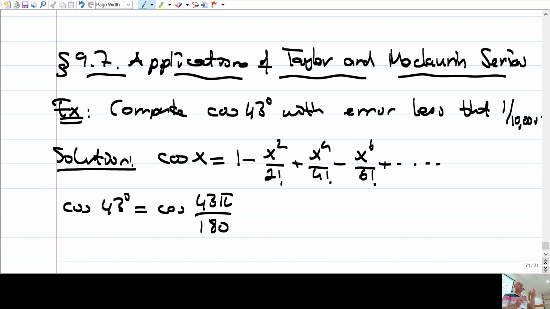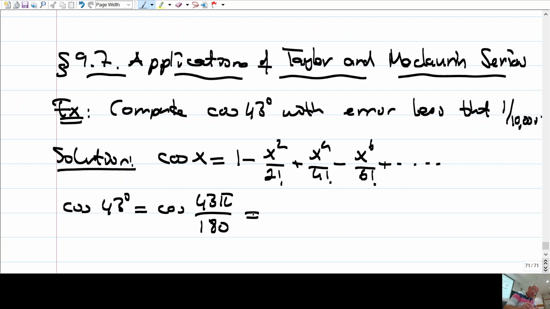As I said at the beginning of the hour, you should keep in mind the Taylor series of the exponential function, sine x and cosine x, always. Cosine x is this. So I'll just plug this gadget in the formula.